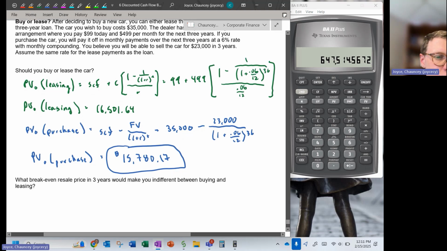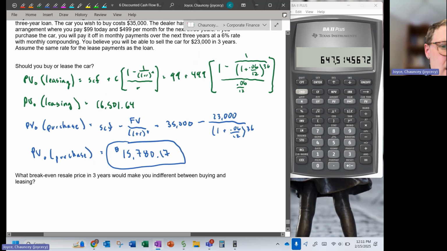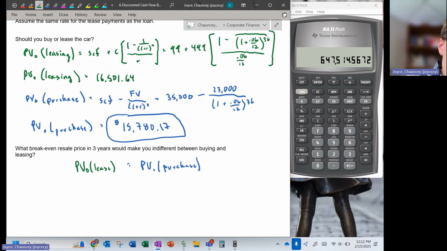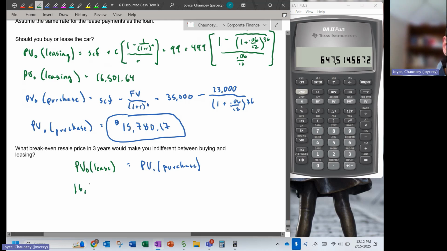So the trick to this one is you just need to set the two equal to each other. So to say, what's present value today of the lease makes it equal to the present value today of the purchase. So to do that, we already know the value of the lease today. We solved that initially, $16,501.64. Equal to the present value of a purchase.